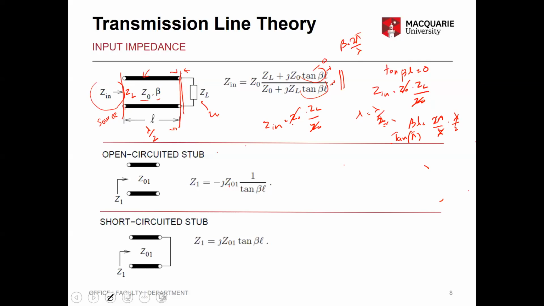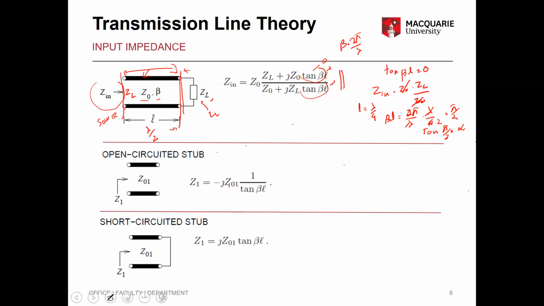That's interesting. So in between, say lambda by 4, what happens? Beta L becomes 2 pi over lambda times lambda by 4, so it's pi by 2, and tan pi by 2 is infinity.